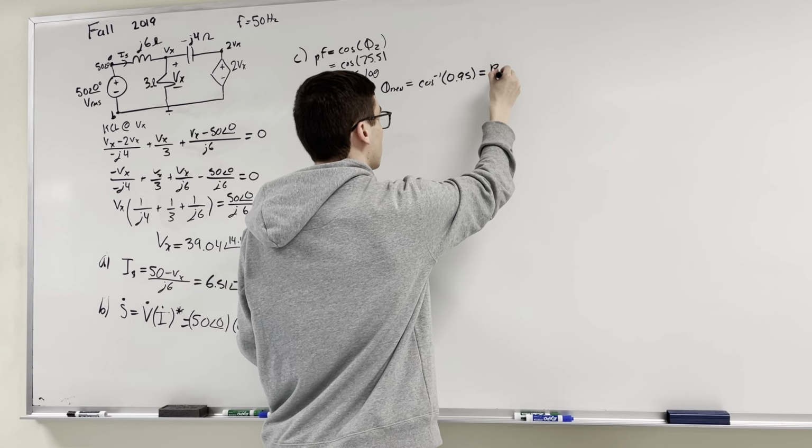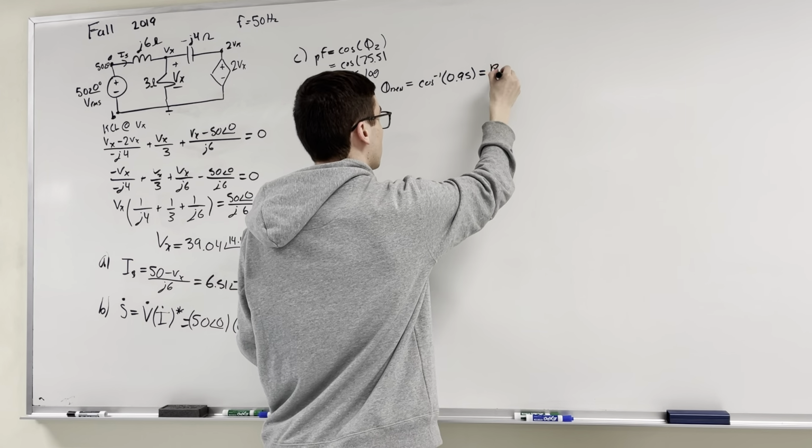So to get P old, we simply take the real part of the complex power we calculated back in part B. So it's the real part of 325, which is 325, times tangent of 75.5 minus tangent of 18.19.